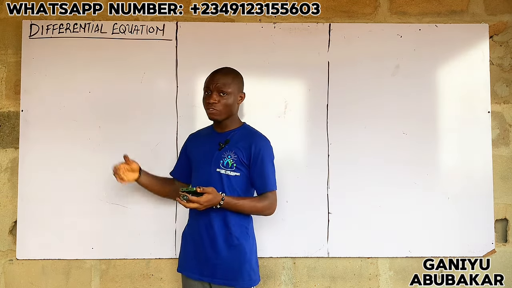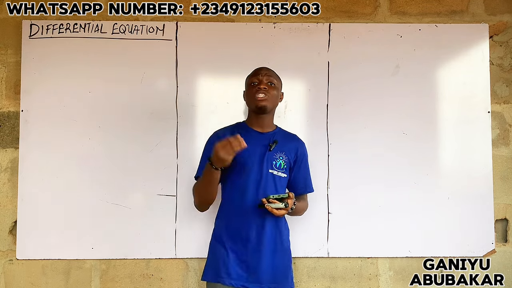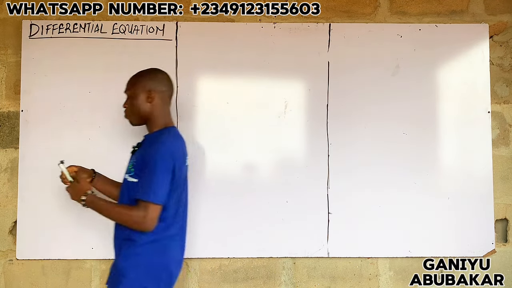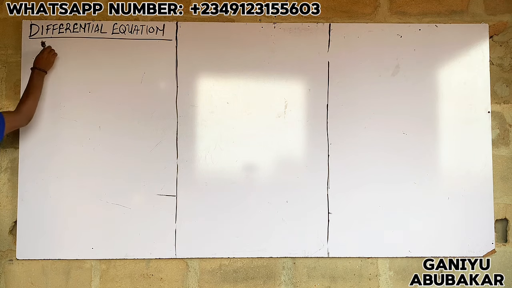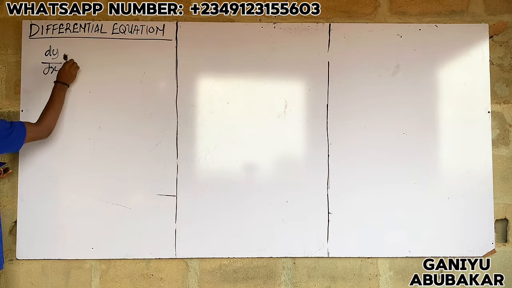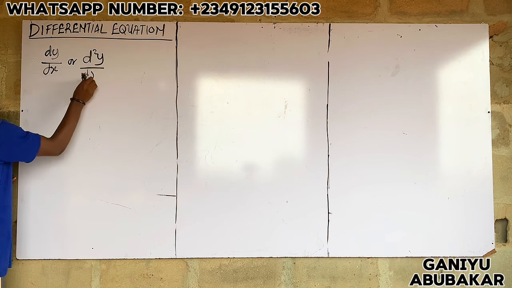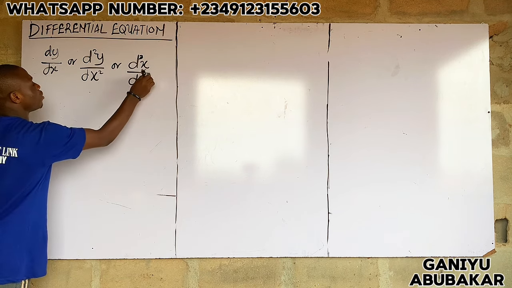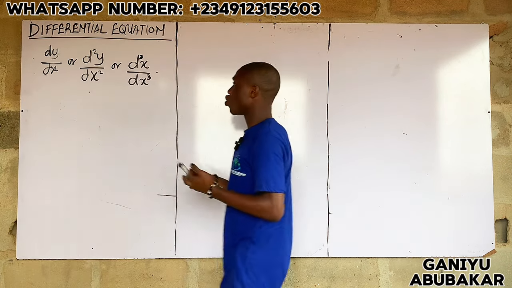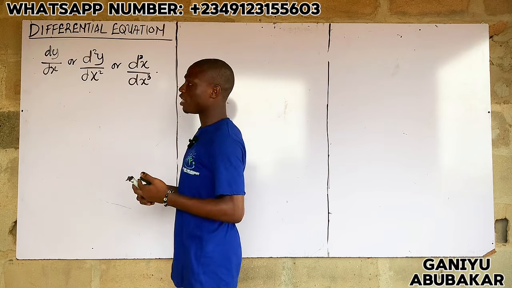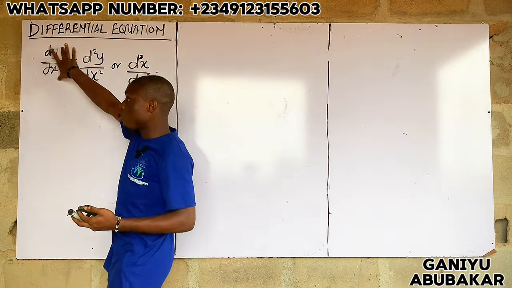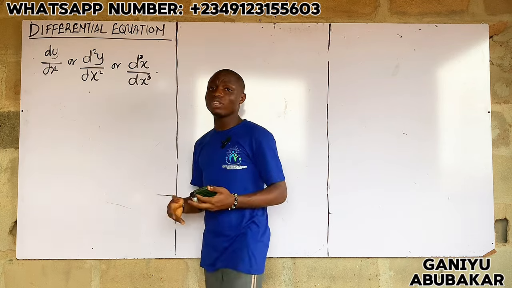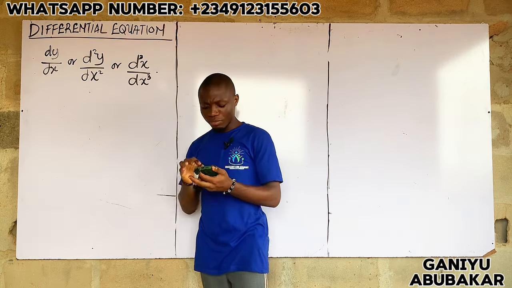By the word differential coefficient, we mean whenever it contains dy over dx or d squared y over dx squared or d cubed y over dx cubed, etc. So when an equation contains at least one differential coefficient, it is simply a differential equation. All right.